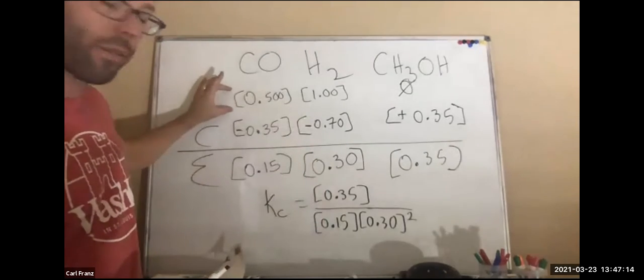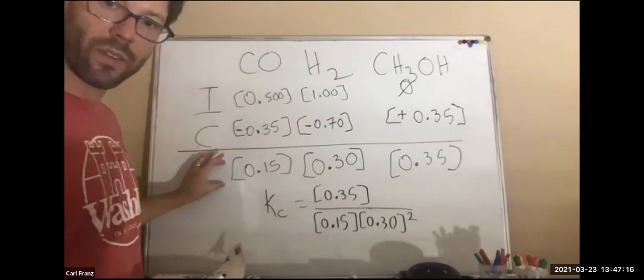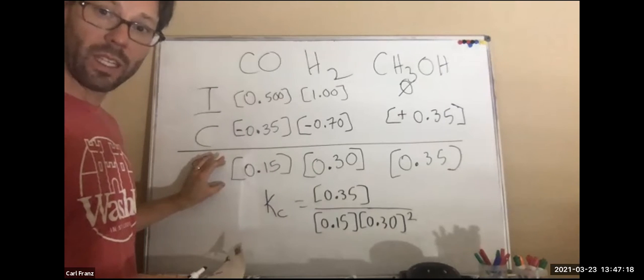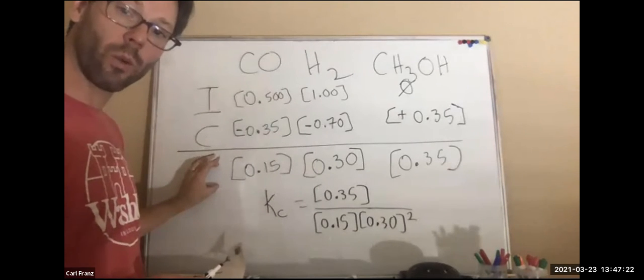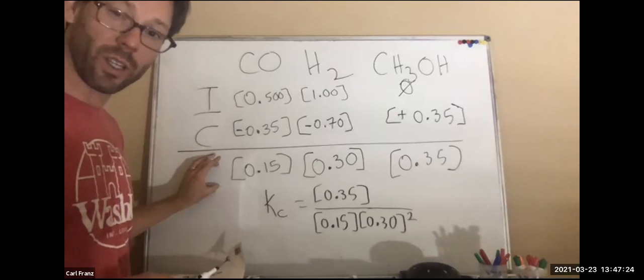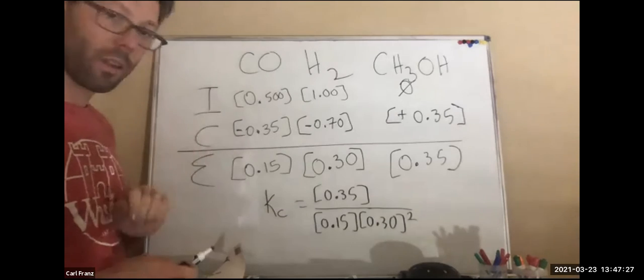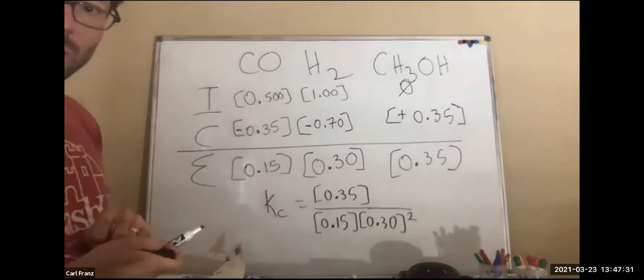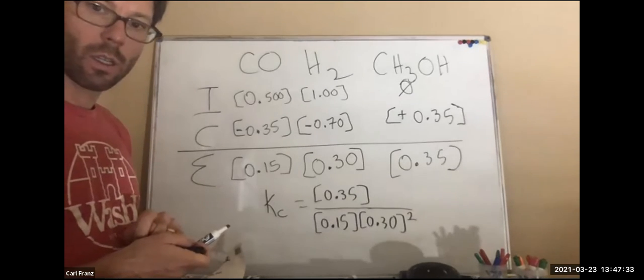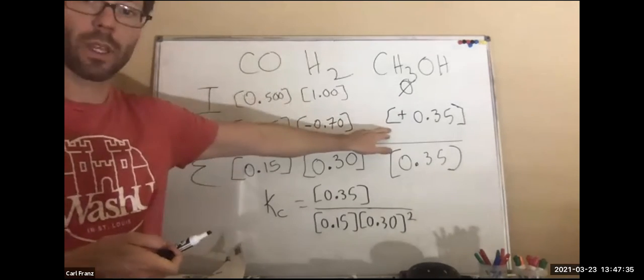So we went from 0.5 to 0.15. It decreased from a concentration of 0.5 to a concentration of 0.15. So we know that the difference was 0.35, and that difference must be this gain.